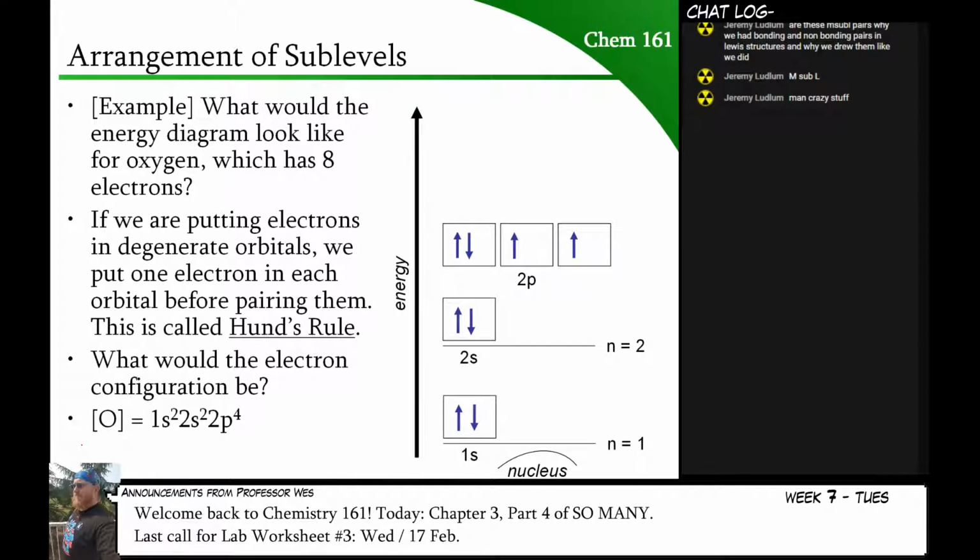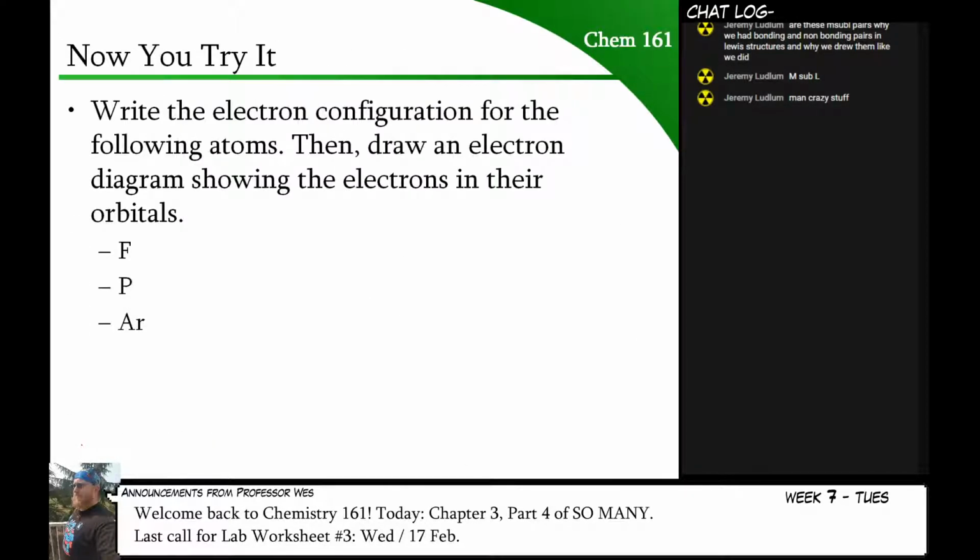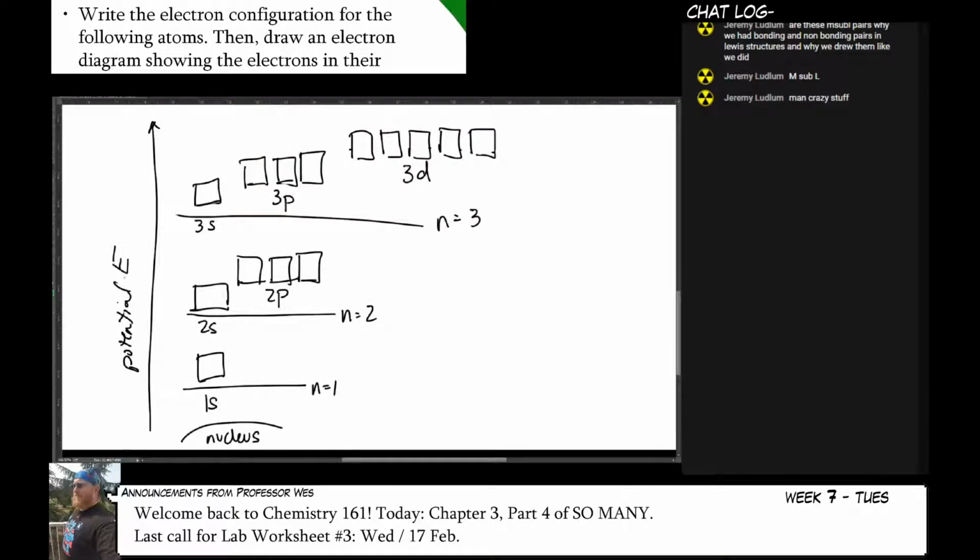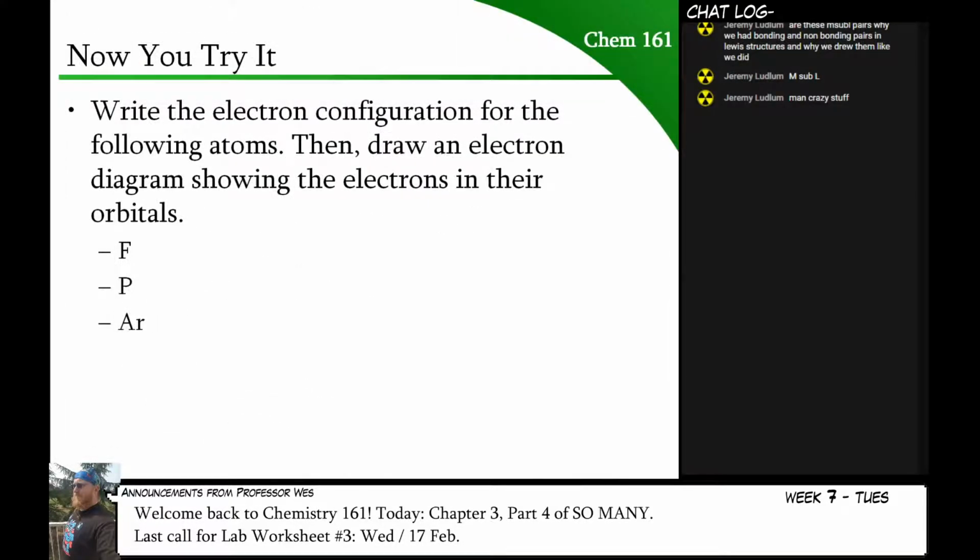All right, so now you can draw any diagram for any set of electrons and write the electron configuration by following this pattern all the way up to 18, which is where we're going to stop for the first bit. So that's what I'm going to have you do. Sketch out a blank diagram of your own like this. And then you're going to draw out the electron configuration diagram for each of these 3 atoms and also write the electron configuration sentence.